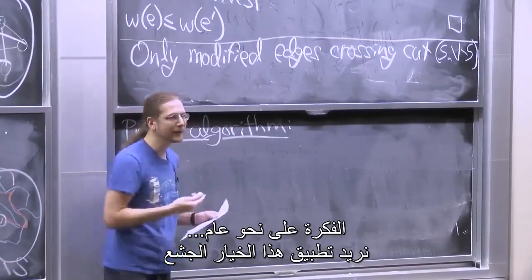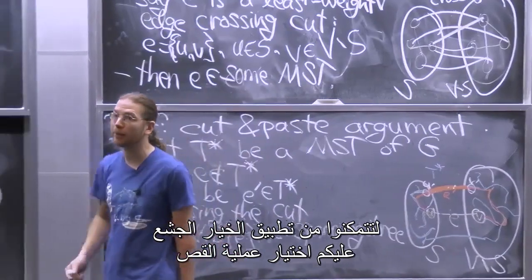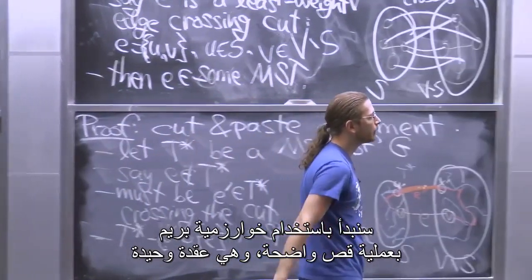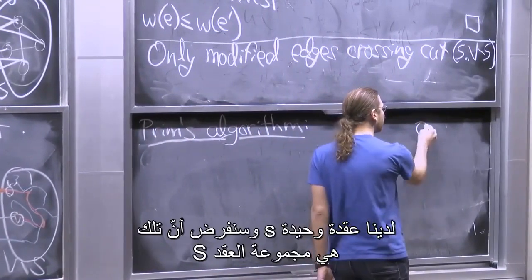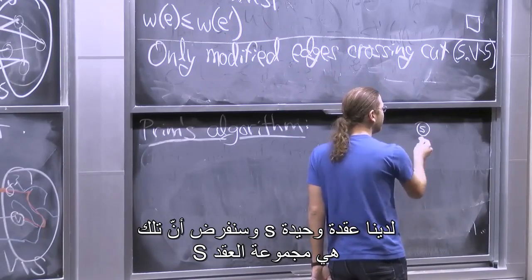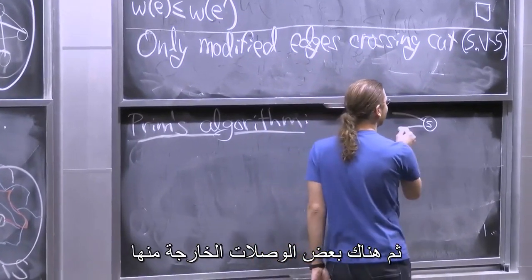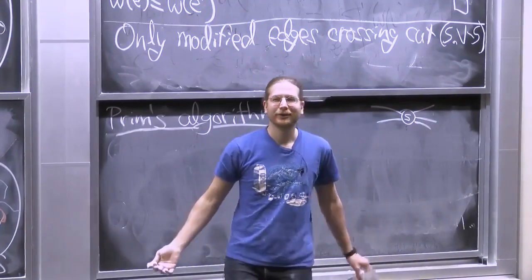In general, the idea, we want to apply this greedy choice property. To apply the greedy choice property, you need to choose a cut. With Prim, we're going to start out with an obvious cut, which is a single vertex. If we have a single vertex S, and we say that is our set capital S, then there's some edges coming out of it. There's basically S versus everyone else.